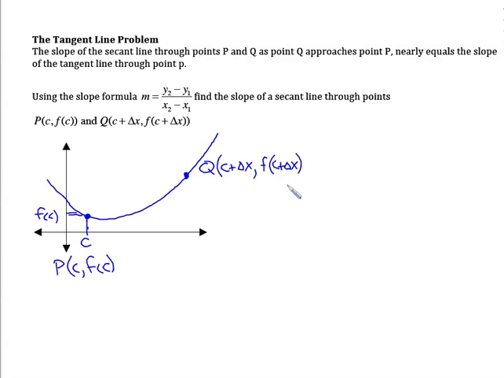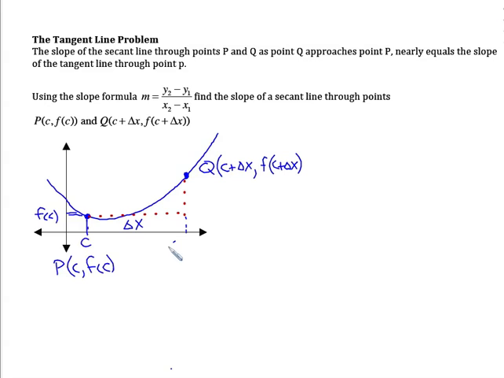So where did that Δx come from? If we take our first point P, it had an x value of c. So when we go over to point Q, this length is Δx. So that's where that Δx comes from, and that's why we get c + Δx.